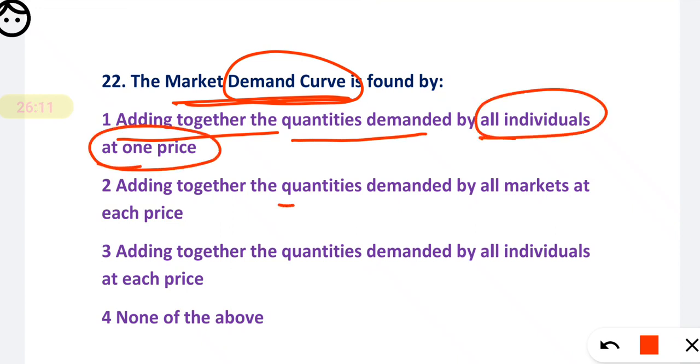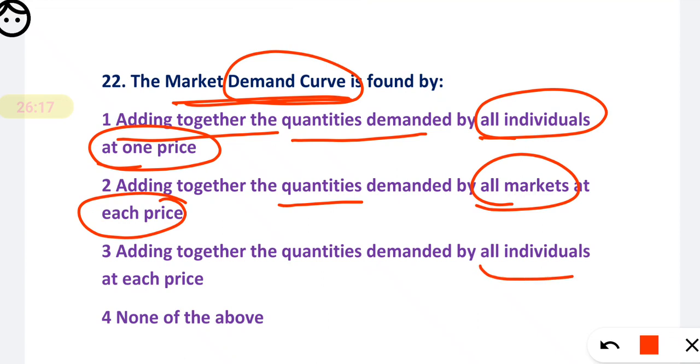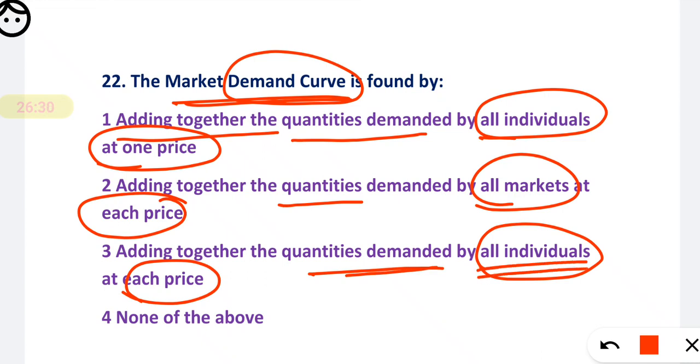Second, adding together the quantities demanded by all markets at each price. Third, adding together the quantities demanded by all individuals at each price. So friends, remember the market demand curve is found by adding together the quantity demanded by each individual at each price, or you can say all individuals at each price.